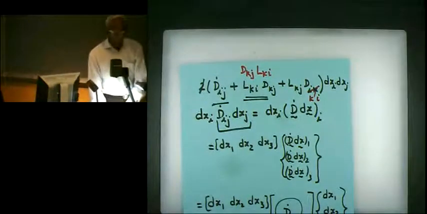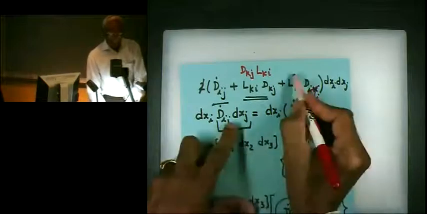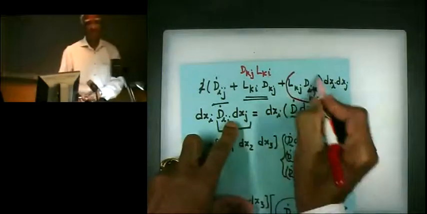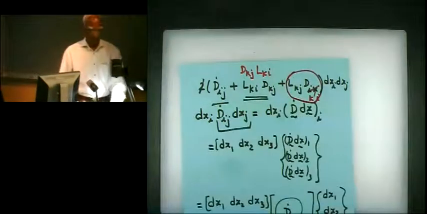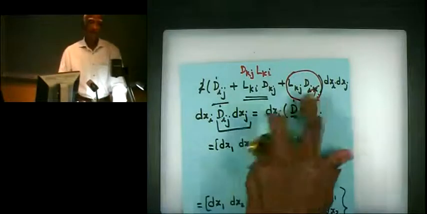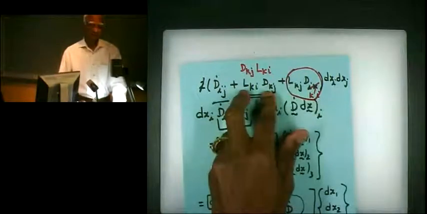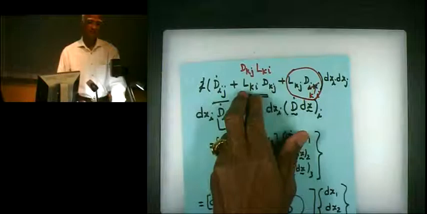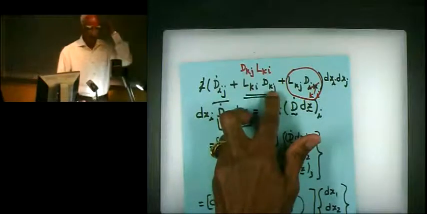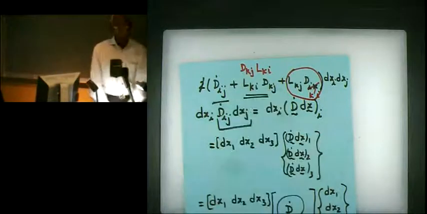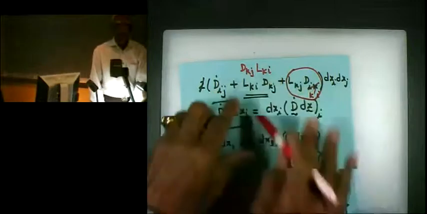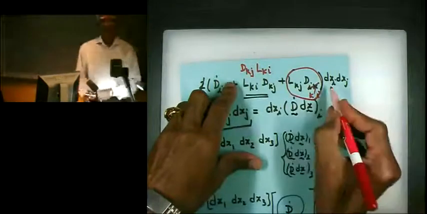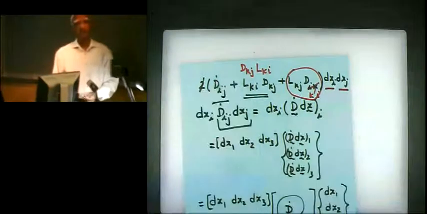Then this becomes transpose of that. See, this thing is transpose of that, because you are interchanging I and J. And that should be the case because D dot is symmetric. Only the symmetric part of this really matters because dxi and dxj, they are symmetric in I and J.